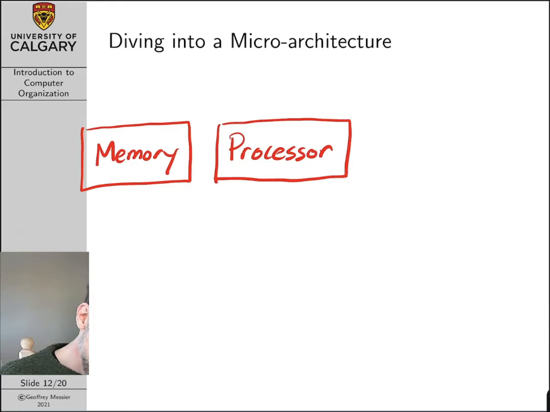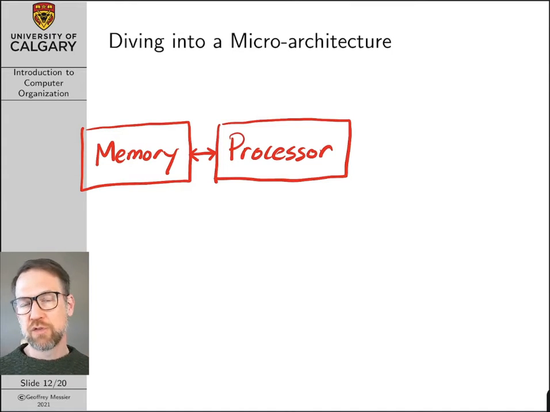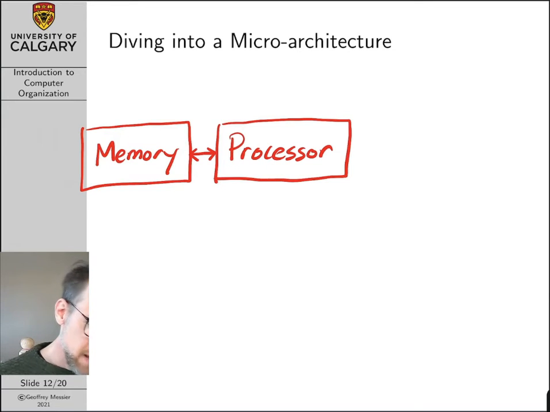And we're going to connect, for now, the memory and the processor together with just a bidirectional arrow indicating that information flows from memory to the processor and back in the other direction. And this connection I'm going to refer to as a bus.